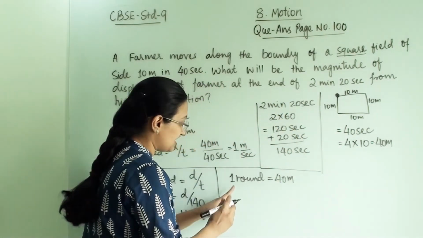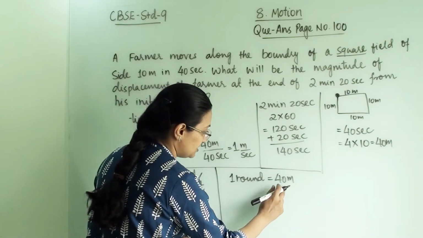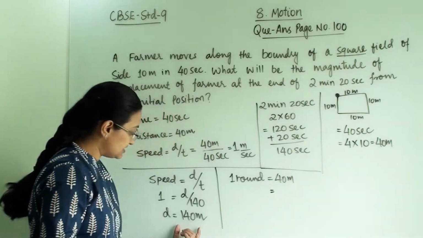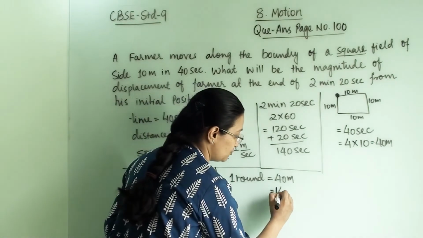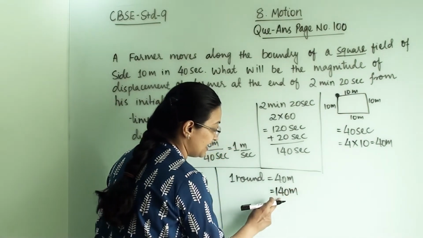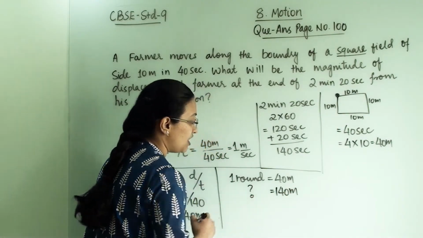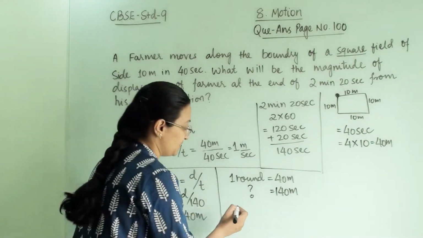So now let us check. In one round, 40 meters. The distance is 140 meters, so at the end of 140 meters, how many rounds will he cover?